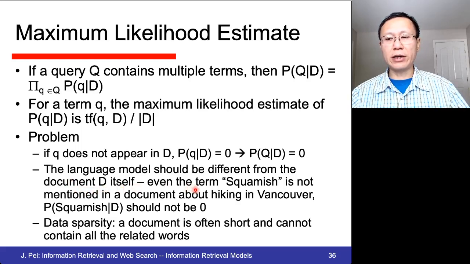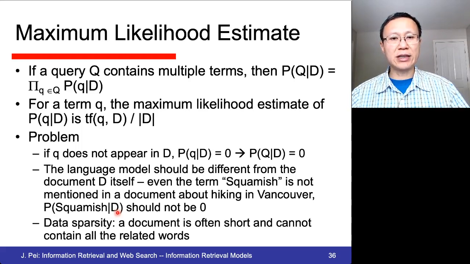Even if the term Squamish is not mentioned in a document about hiking in Vancouver, the probability of Squamish in a document D related to hiking should not be absolute 0, because the document is short compared to the whole vocabulary. Therefore, a document D may not be able to contain all the related words.